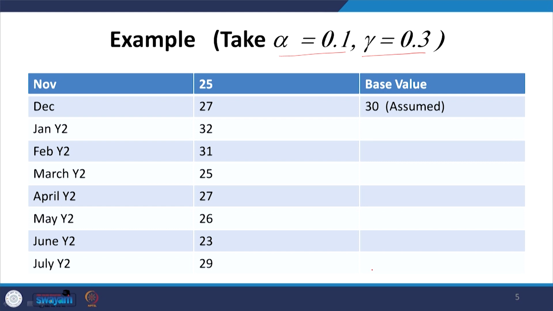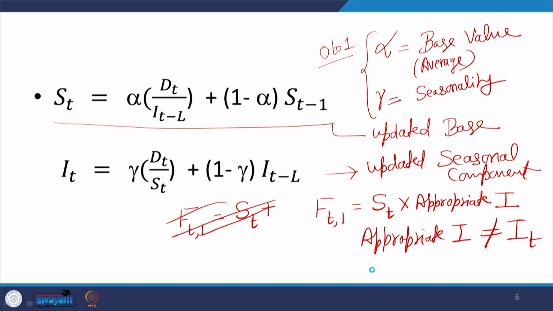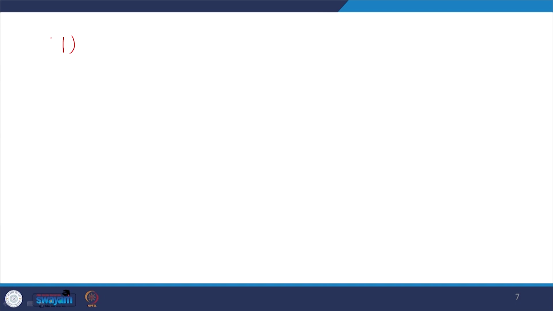Now, for the forecast of the period of August, how are we going to do it? The first important step in this particular case is to deseasonalize demand. First, we need to do deseasonalization of the demand. Now, how to do deseasonalization of the demand? For that purpose, let us go back to this particular table.